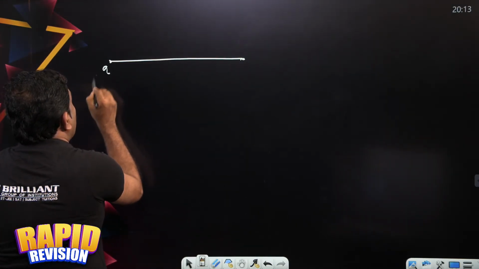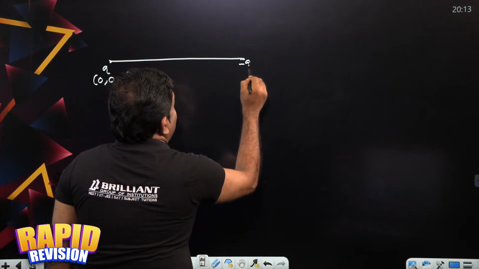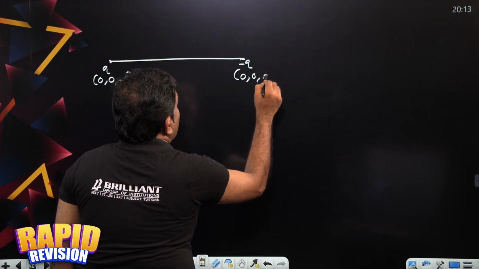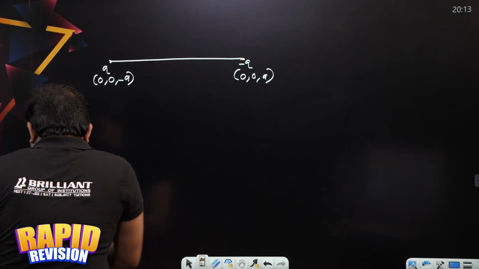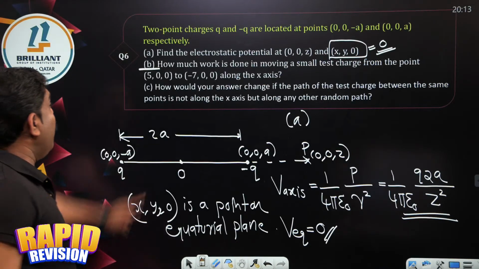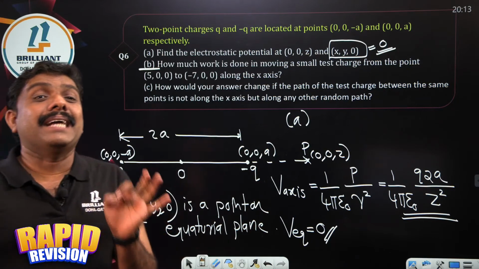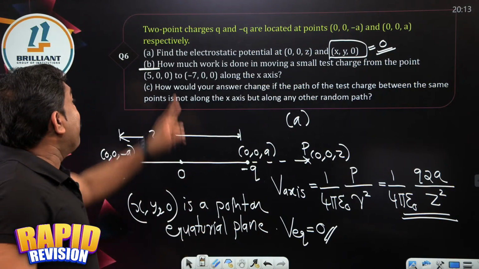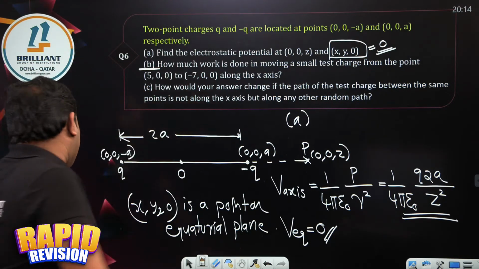Here +q is at (0, 0, -a) and here -q is at (0, 0, +a). And here, the points are given on which axis? See, (5, 0, 0) is an x-axis point. (-7, 0, 0) is a negative x-axis point.